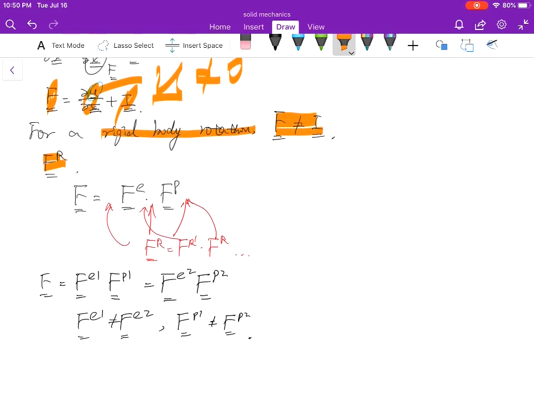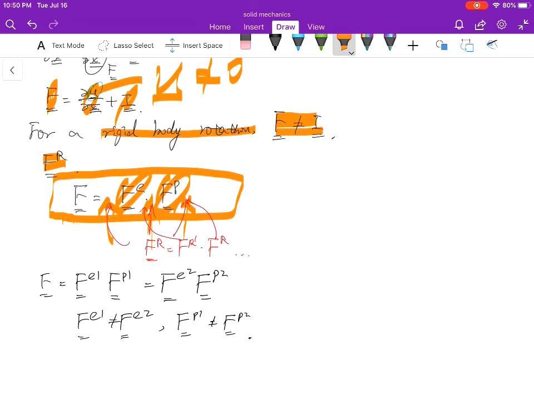So for a general deformation process with rigid body rotation, this decomposition is not the total deformation process. We can put FR here, here, here, or within FP or within FE.